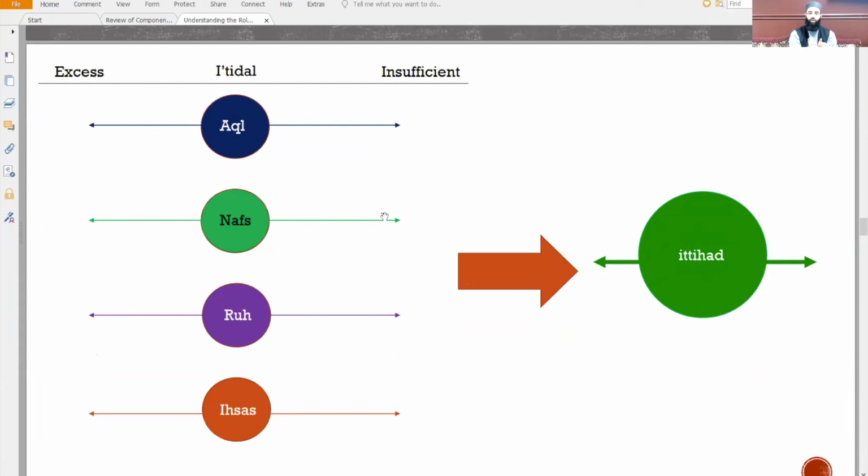On the nafs, we have excesses, or it might be insufficient, or deficiency. Ruh, we're going to have excess or deficiency. On ihsas, excess or deficiency, right? So what we get them to do is become balanced, right? I'tidal.